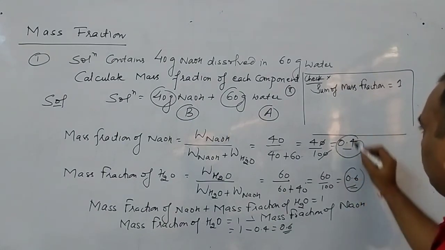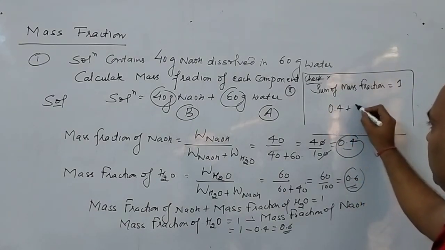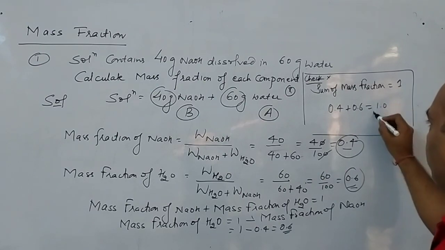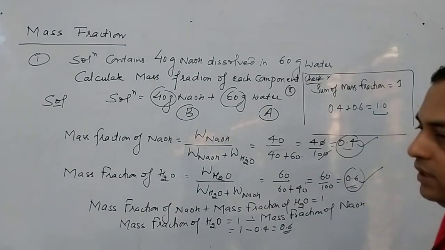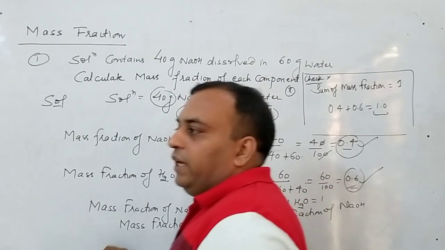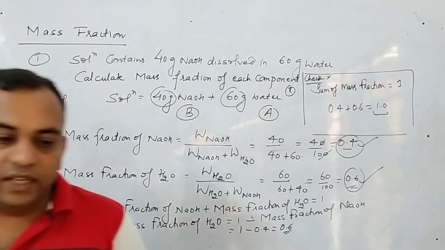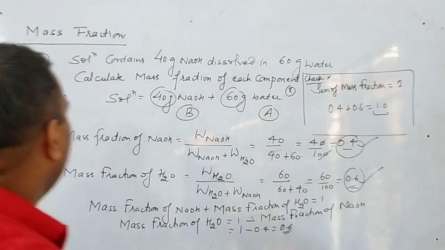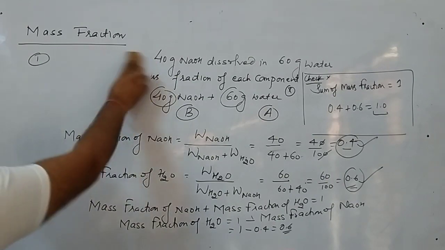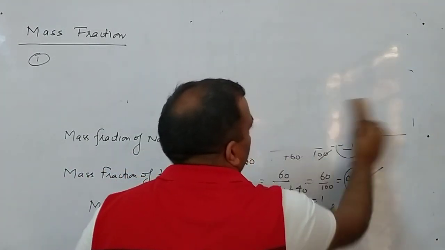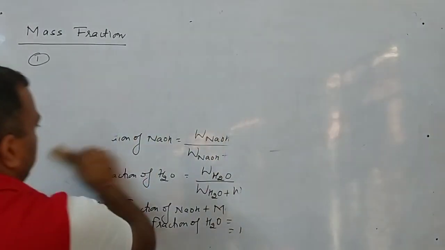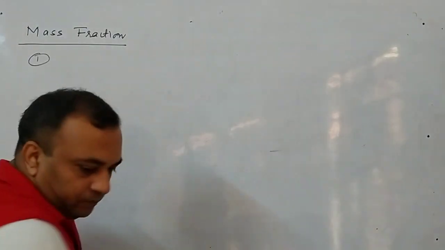So check out. 0.4 plus 0.6 comes out to be 1.0. It means the answer is correct. If this will not be equal to 1, it means there is some mistake. Check the numerical again. Okay. Now this is about the mass fraction. First numerical we have done. Now we'll do the second numerical.